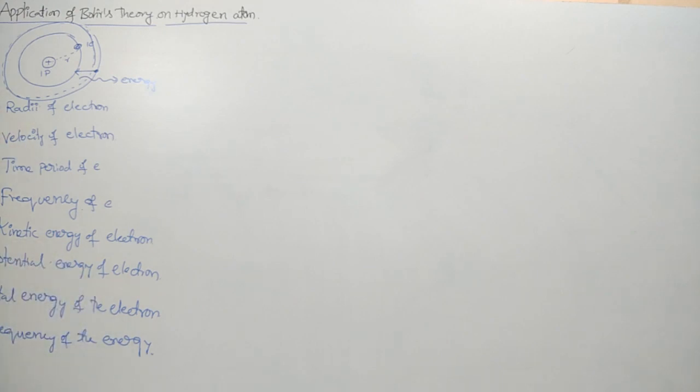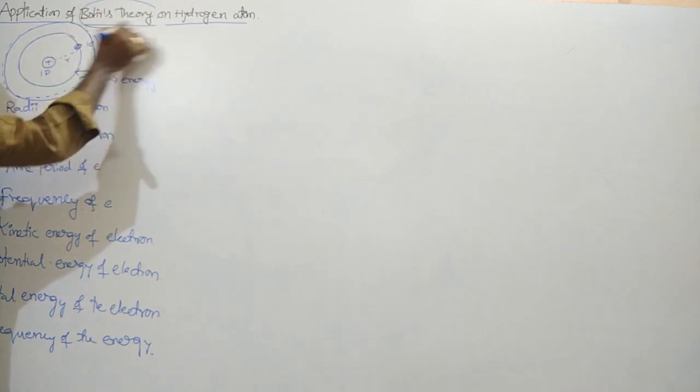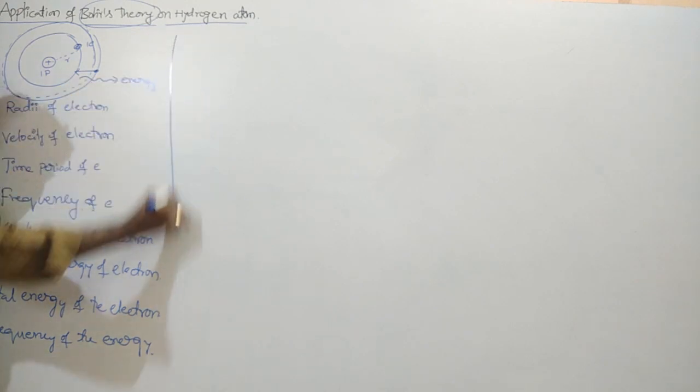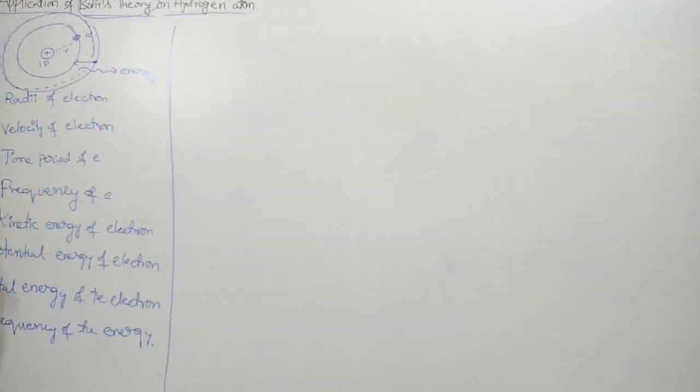These many points we need to discuss with the help of Bohr's theory. Now we will discuss one by one. Now we are concentrating on the first point: what is the radius of the electron in a hydrogen atom?